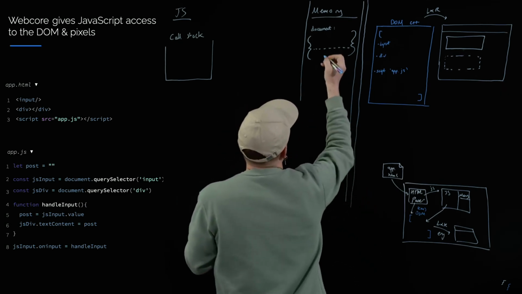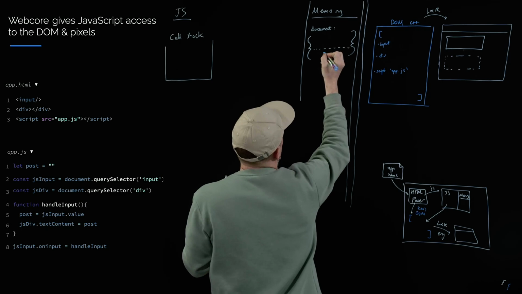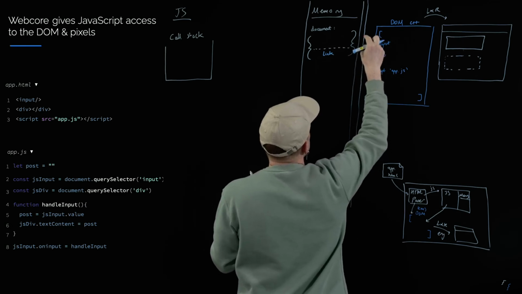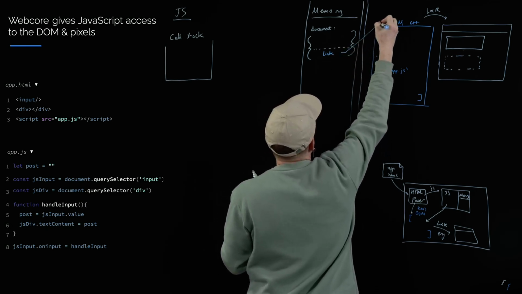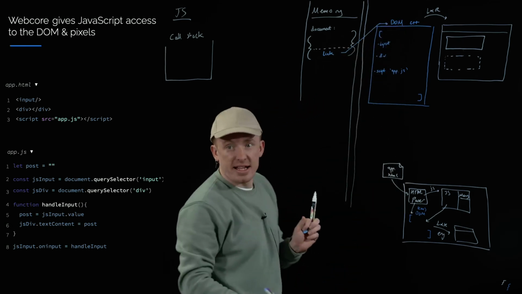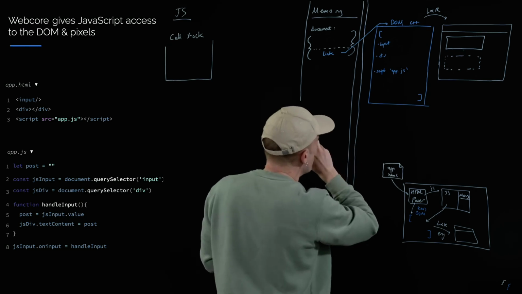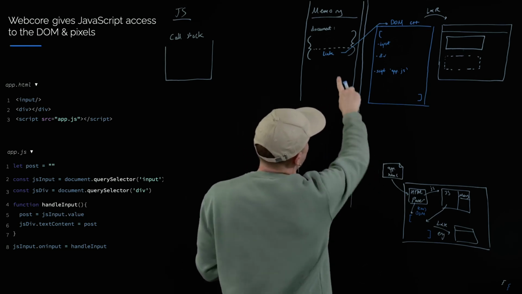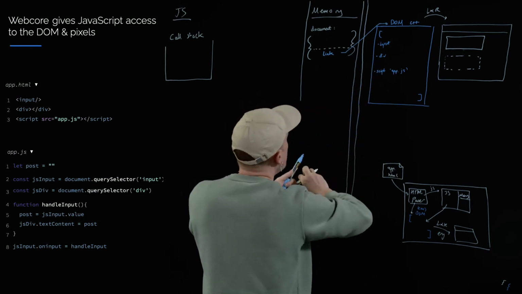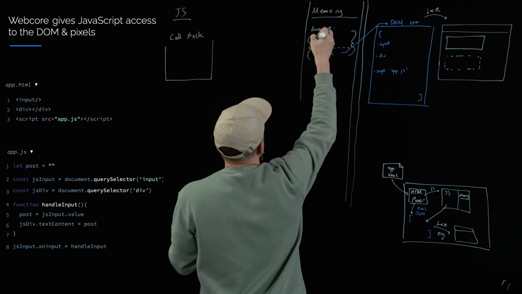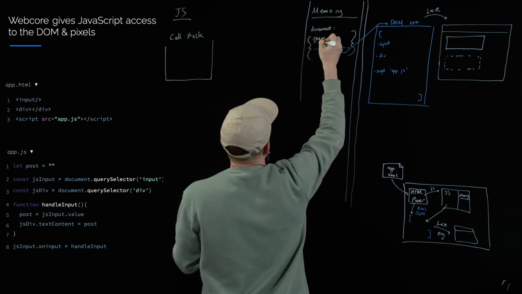So what we do get, though, is this object by the name of document that has a hidden link to that DOM, to that C++ list. Then I get a whole bunch of methods like query selector.